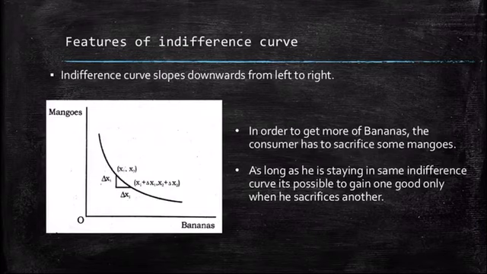In our example, we took the example of bananas and mangoes. We came to know that if the consumer has to gain one extra unit of banana, he has to sacrifice some units of mangoes. That sacrifice is shown in terms of delta, that is change in good 1 or change in good 2.